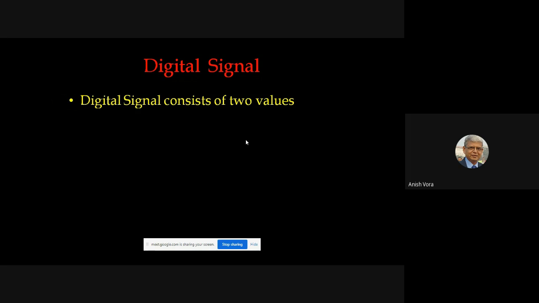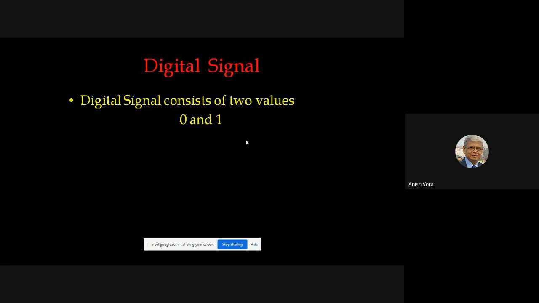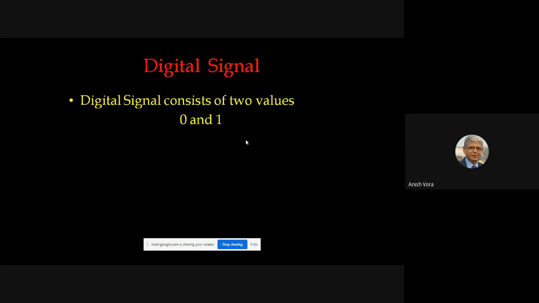We talked about analog signals, but now it is a digital signal. A digital signal consists of only two values, 0 and 1. As I said, our computer understands only binary language, and binary numbers consist of only two values, 0 and 1. So our digital signal also consists of only two values.